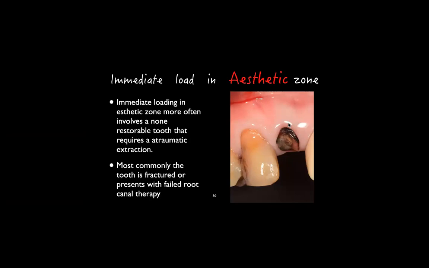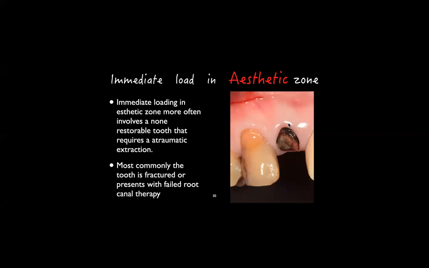So one of the things that I wanted to bring home to you is it takes me longer to extract this tooth than to go ahead and place an implant and get the implant ready for immediate load. Because take a look at that soft tissue, how nice and healthy it is around this particular fractured tooth. It's very, very healthy, and you don't want to crush that soft tissue.